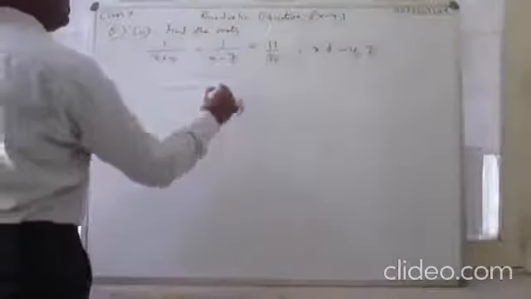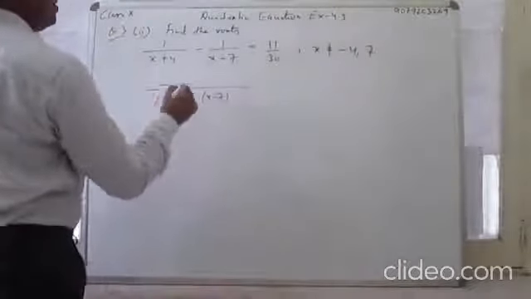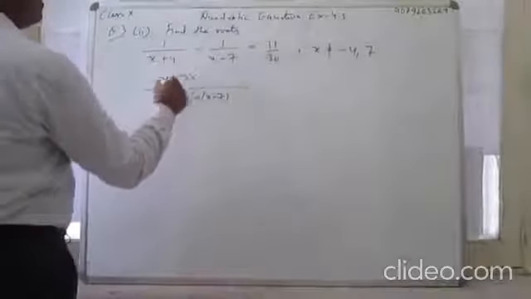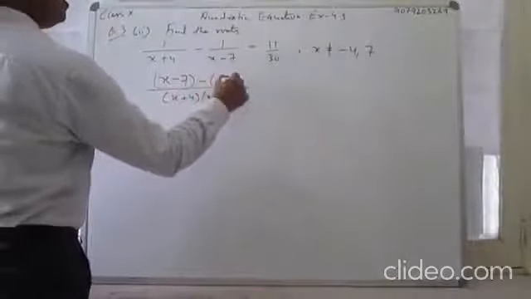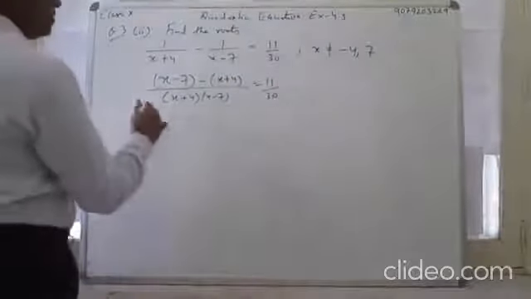First you take the LCM. x plus 4, x minus 7, so it is x minus 7 minus x plus 4 is equal to 11 by 30. Now solve it.